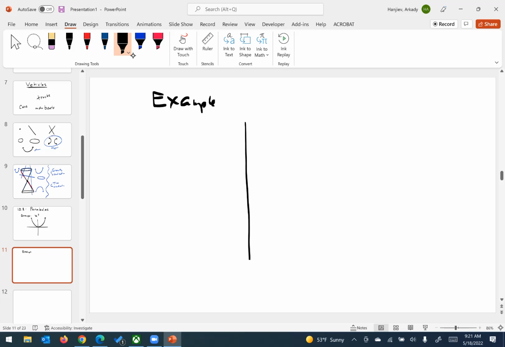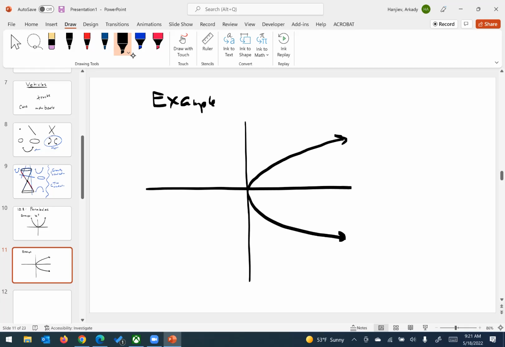So instead of flipping it down, I want a parabola that does this. Oh, is it a function anymore? Does it pass a vertical line test? Does not pass a vertical line test. The vertical line has two points. Yeah, it goes through two points, but I still want this. I still want the shape of this.